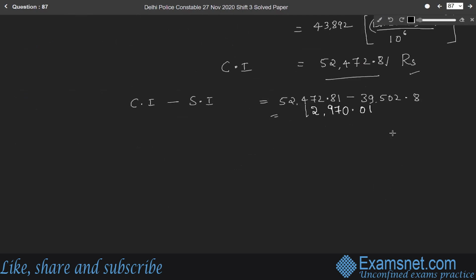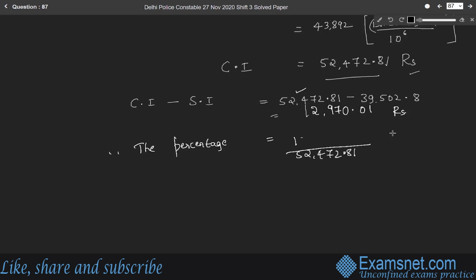so here 12,970.01 rupees, right? Therefore, the percentage becomes, so for compound interest 52,472.81 rupees, right?